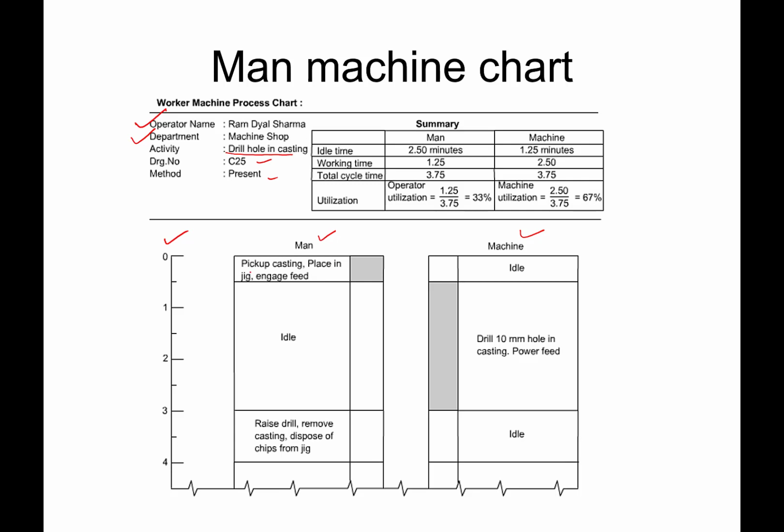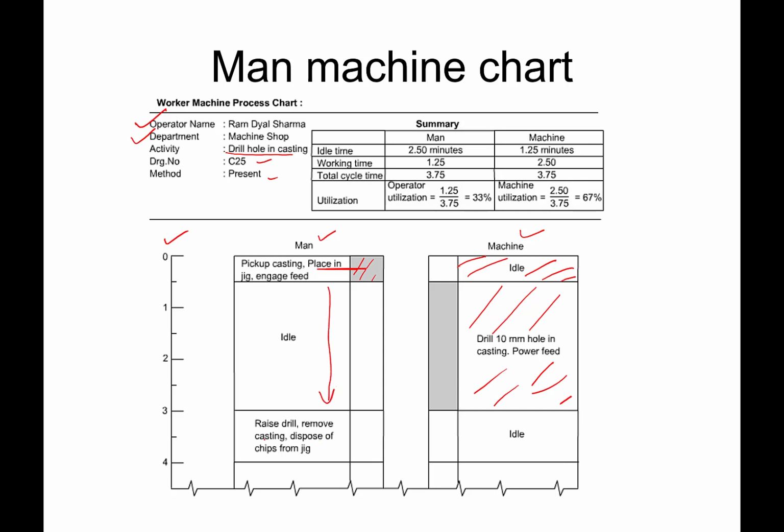So picking up the casting, placing it in the jig and engaging the feed: this is the time when the worker is engaged, and during this time the machine is idle in this particular case. And once the feed is engaged, the drilling job is done for this much period through the power feed while the worker remains idle.